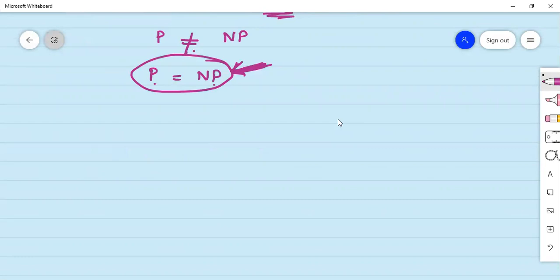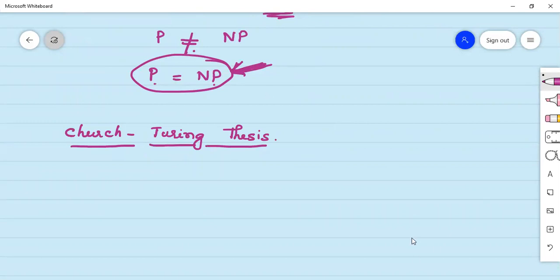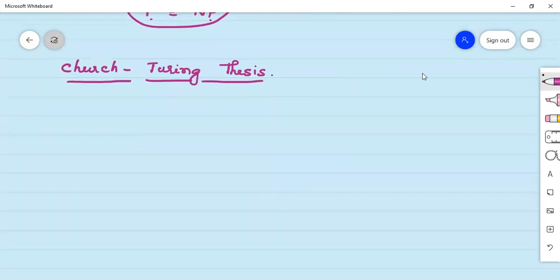The last topic in this chapter is Church Turing thesis. We started this model with this only, you remember, before, I think previous module, when we started studying about the Turing machines, we talked about Church Turing thesis. Okay. So, what did we say in the Church Turing thesis initially when we started studying?